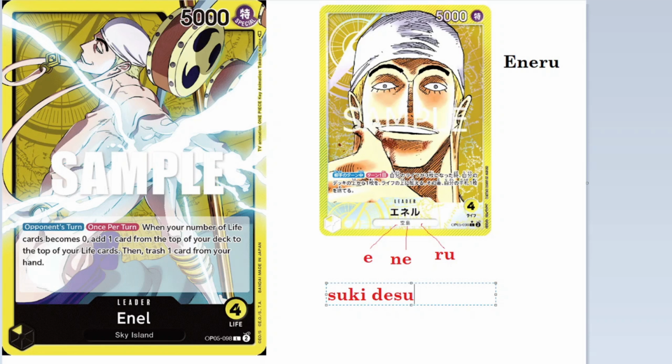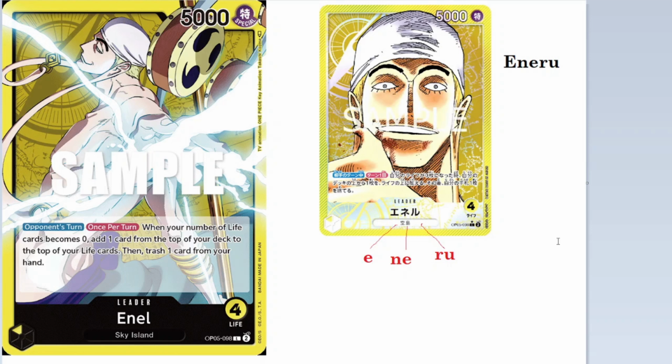And it's pronounced ski des. You don't say desu, you say des, as if the U wasn't even there. You say ski, not suki, as if the U wasn't even there. All this to say that U's in Japanese words are often silent. And so it's just as valid to read this as Eneru as it is to read it with that U being silent, Ener. But that's a little different. I'll get to that later.